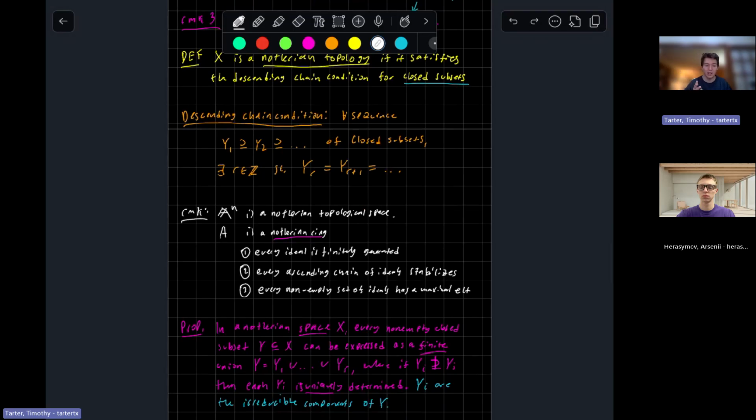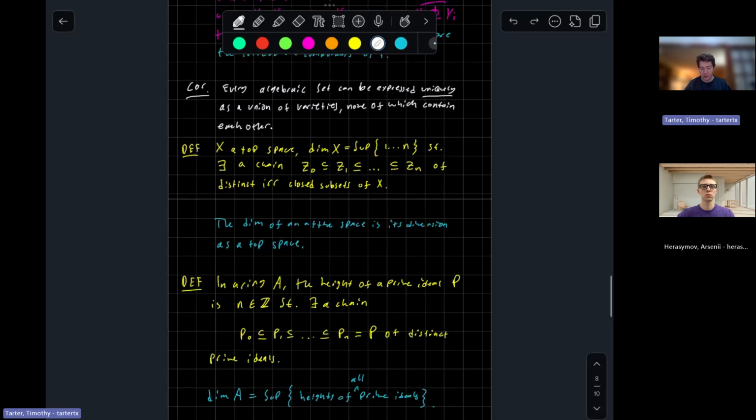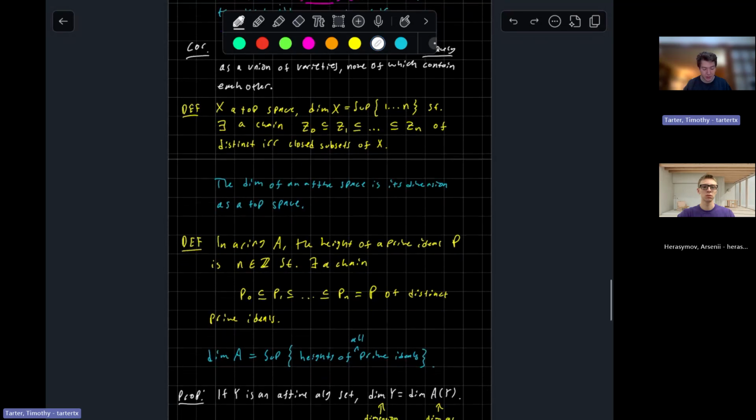If the underlying field that a polynomial ring draws coefficients from is a principal ideal domain, or even an integral domain, then every ideal is finitely generated in its polynomial ring. Pushing forward from that, we said that every algebraic set, not just varieties, can be expressed uniquely as a union of varieties, none of which contain each other.